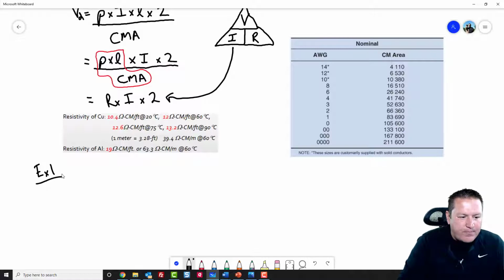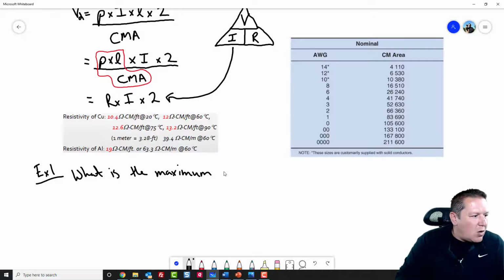So example 1, what is the maximum one-way distance? So we're getting into a little more practical installation now.